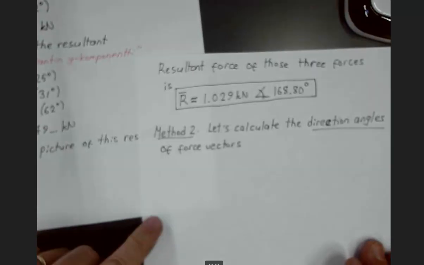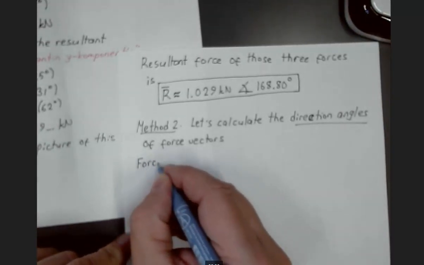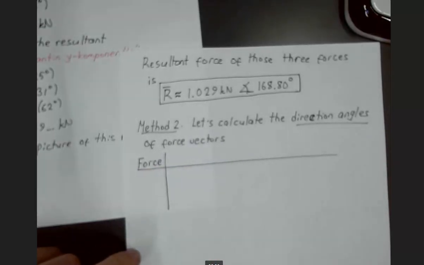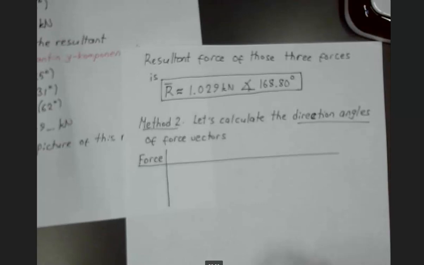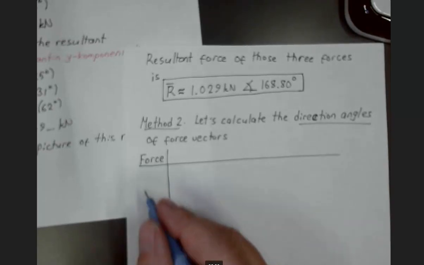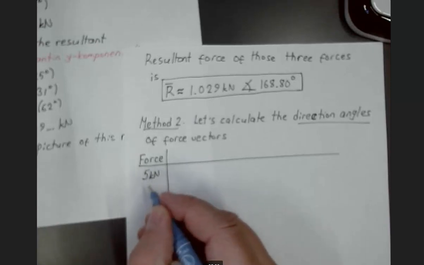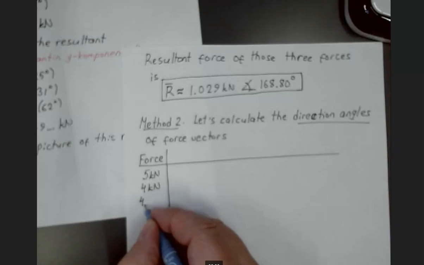And I will use table method here. This method is a good method if you are using, for example, Excel, because it helps you a lot. So I have here force 5 kilonewton, 4 kilonewton, and 4.5 kilonewton.